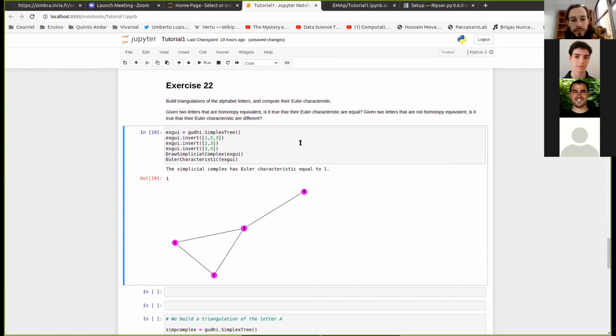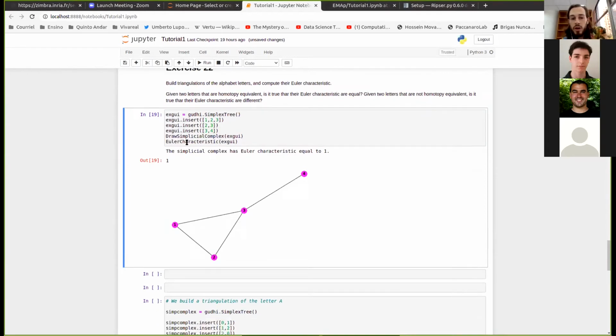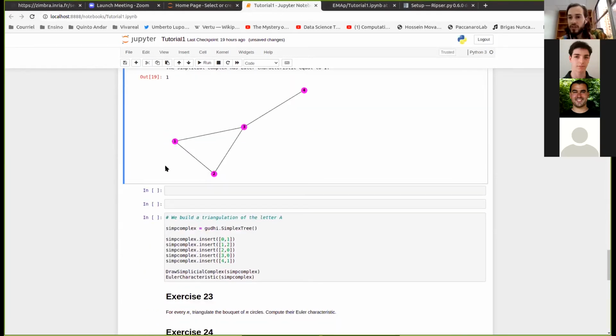Sorry, Guillaume, one more question, Rafael. What's the bouquet of n circles? Oh, the bouquet of n circles is n circles that are connected by one point. You glue n circles. Okay.